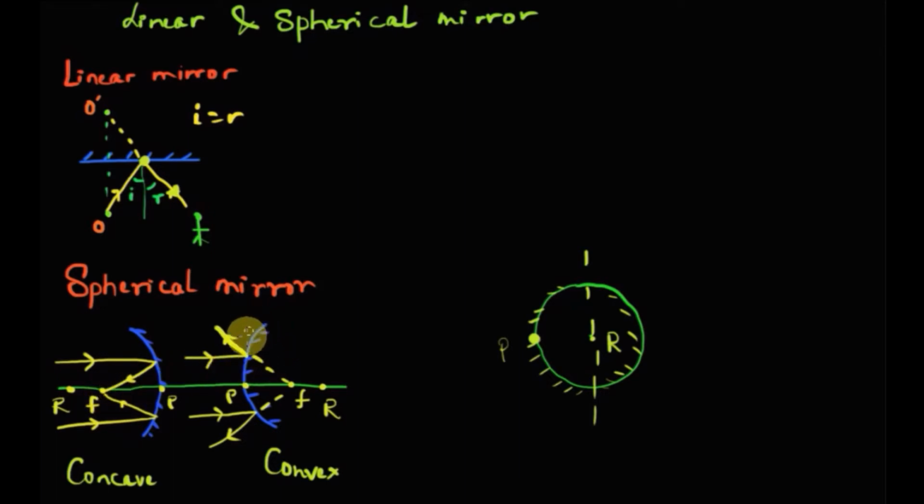Similarly, for a convex mirror, the parallel beam of light after hitting the mirror will diverge. If we project the divergent beam behind the mirror, we'll find that they cross the principal axis again at a point which is called F, and which is again the focus of the mirror. The distance between point F and point P is called the focal length.